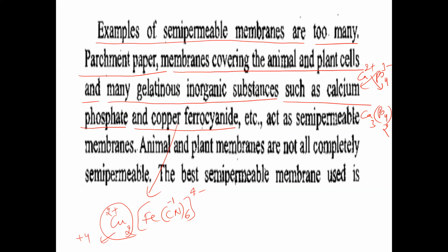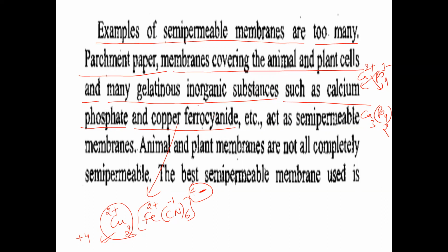Out of minus 6, minus 4 is already represented, so minus 2 is balanced by plus 2 here. If Fe2+ is there, minus 4 is possible. Like this, it is called copper ferrocyanide.